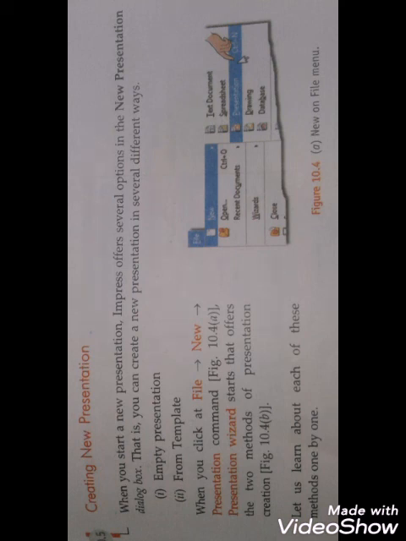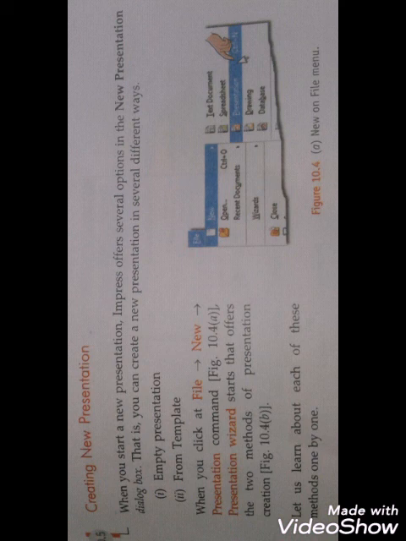To make the presentation, we have to click on the File menu and choose the New option. Whenever you click on the New option, a submenu will appear. From here we select the option Presentation. Whenever you click on it, the presentation wizard will be opened in front of you on the screen, as the figure is shown in your book.